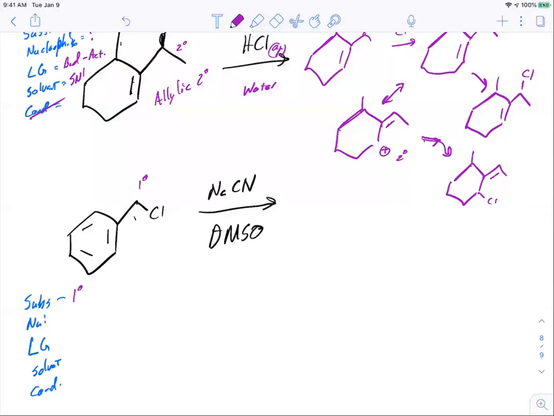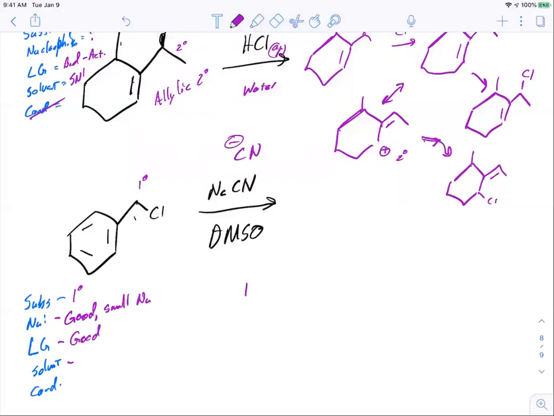That's going to be unhindered. If we look at our nucleophile, that's my nucleophile. This is a good small nucleophile. My leaving group, good leaving group. Don't have to do anything to it to get it to leave.